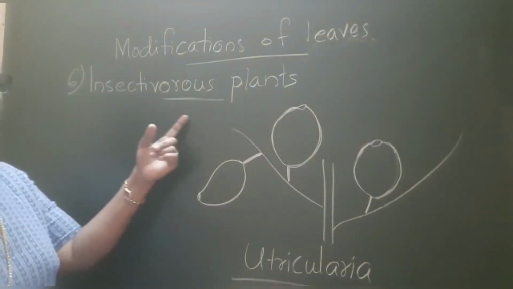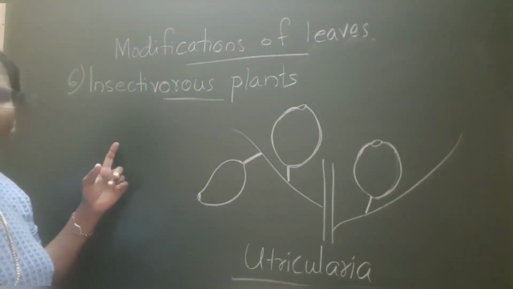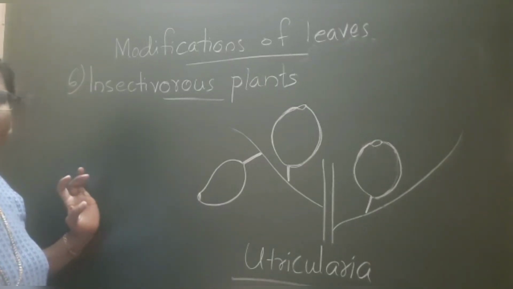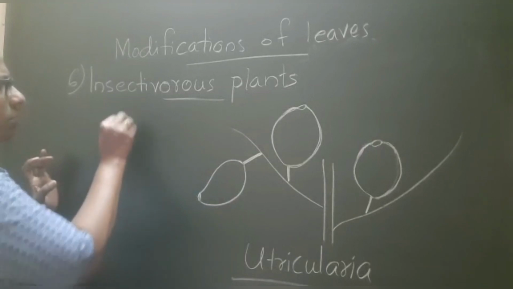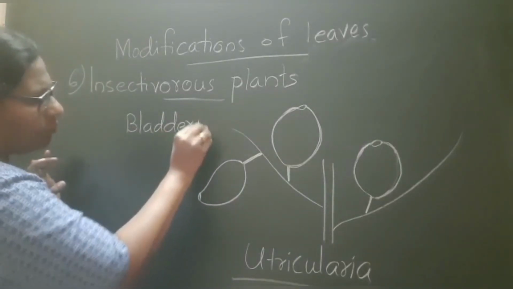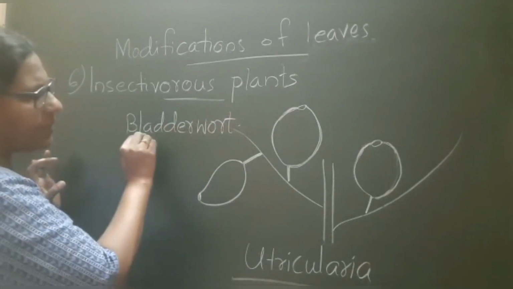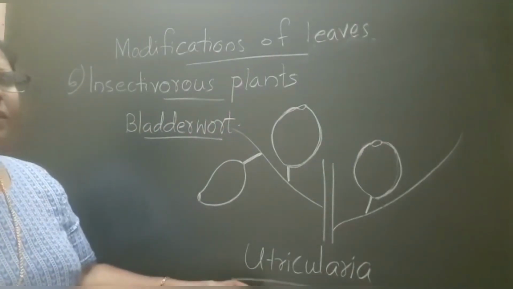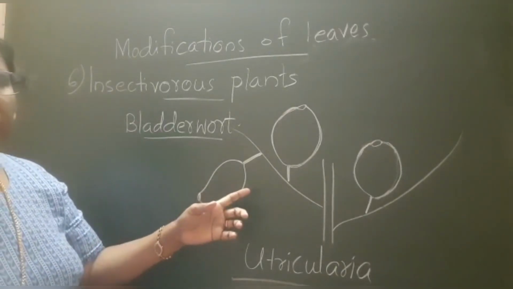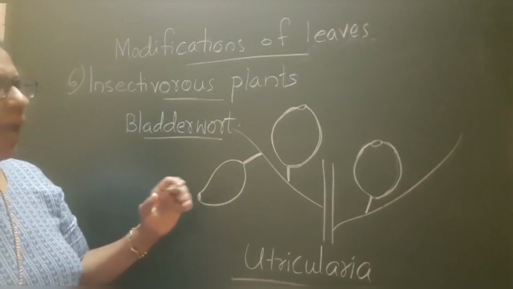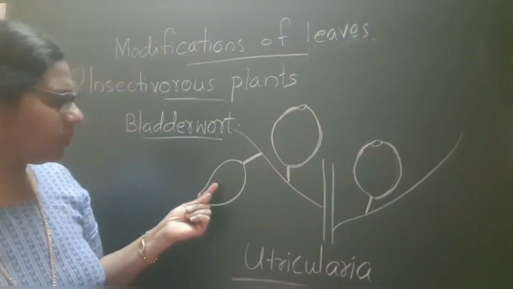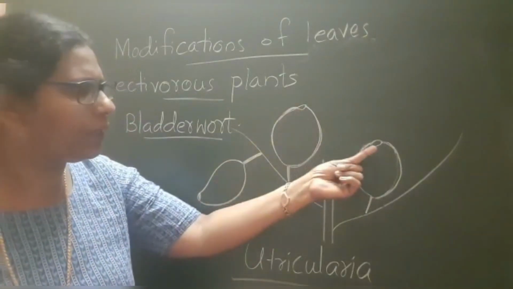Under insectivorous plants, we already learned about pitcher plant. Now the next one is Utricularia or bladderwort. In this, the leaves are highly segmented and modified into sac-like structures. It has an opening.